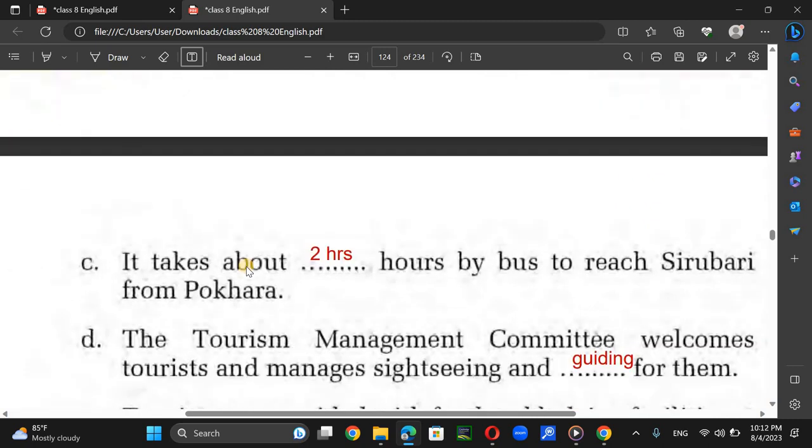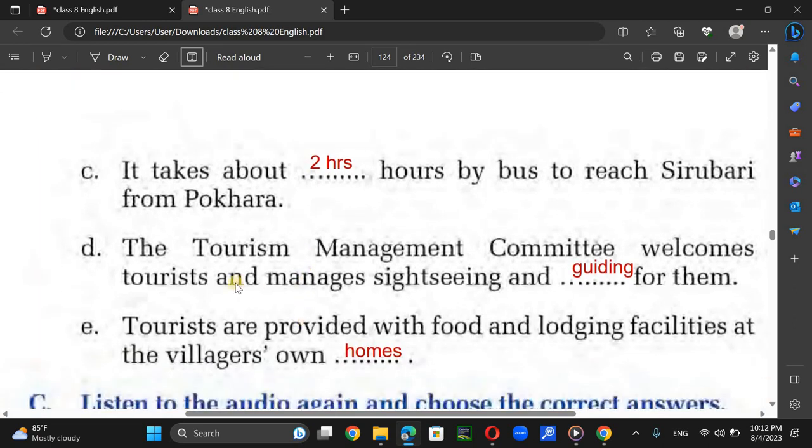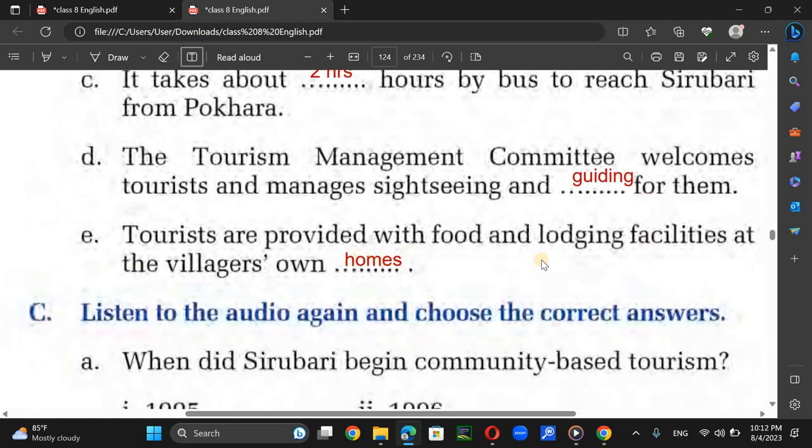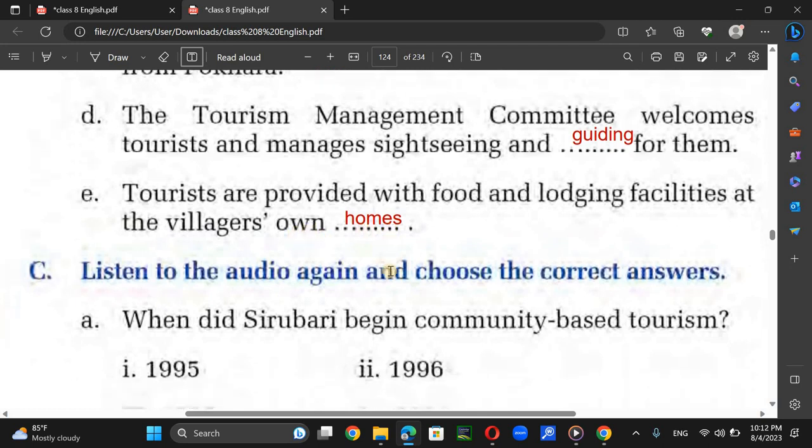Okay, C: It takes about 2 hours by bus to reach Sirubari from Pokhara. The word is very clear. The tourism management committee welcomes tourists and manages sightseeing and guiding for them. And the tourists are provided with food and lodging facilities at the villagers' own homes.